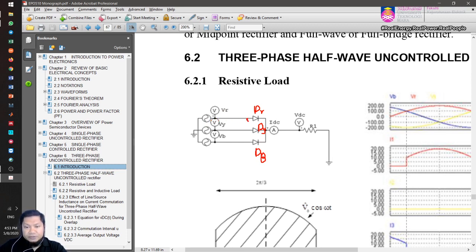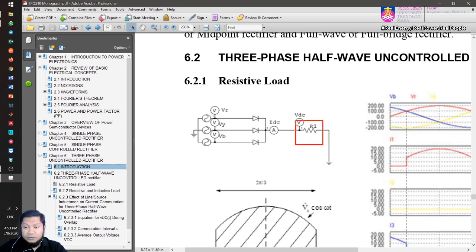Right. So the anode will be connected to the positive supply of the three-phase supply voltage, and then the cathode will be common. If you look at this circuit, this is common. They are tied together. And the output of that will be connected to the load.